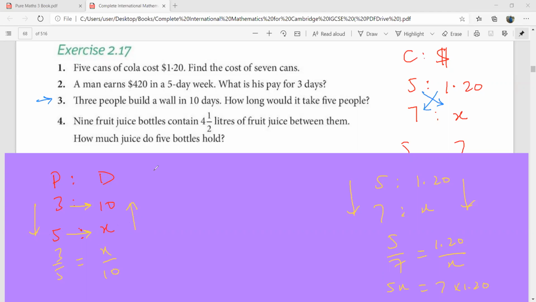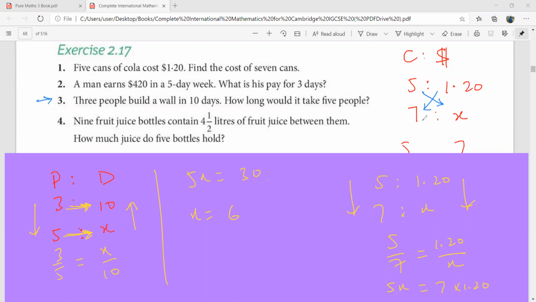This gives you 5x, after this multiplication, equal to 30. So if you multiply them straight away like this, you still get the same result, 5x equal to 30. So please remember that, first of all, whenever you have a question on proportion, the first thing you have to see is whether this is a direct proportion or an inverse proportion.